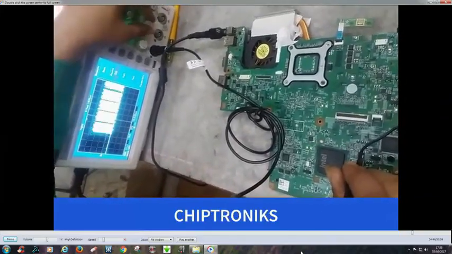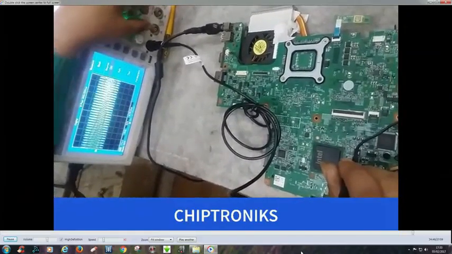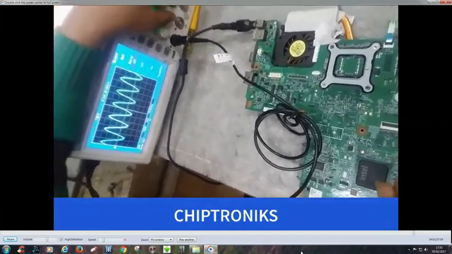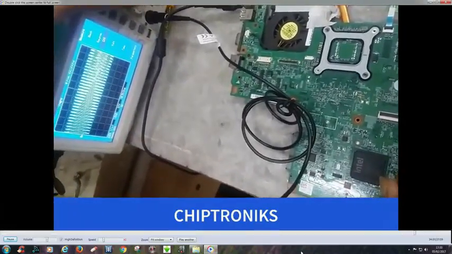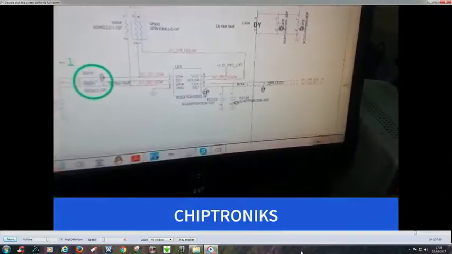Here the clock signal would come. You can see this is clock. So it is getting a very good clock signal from the IO controller. Now we'll see at pin number 5, that is data.